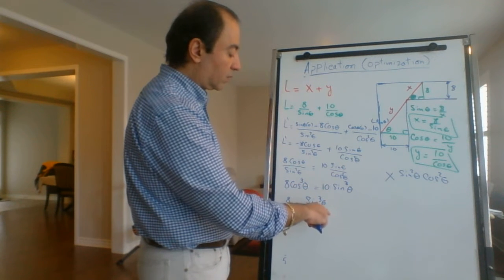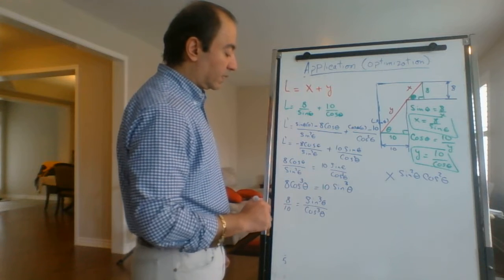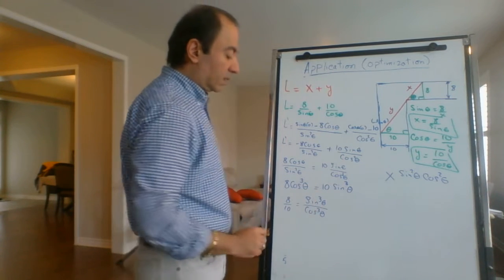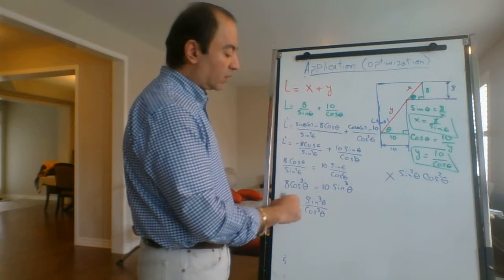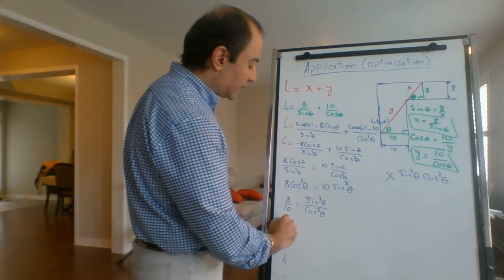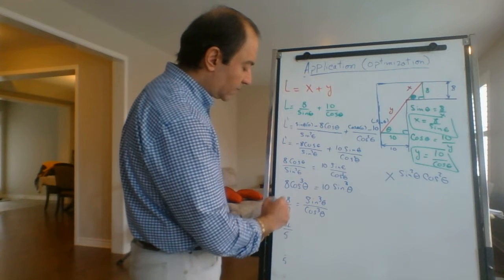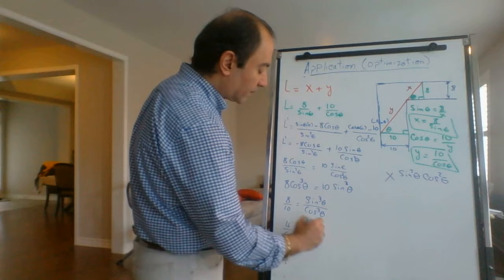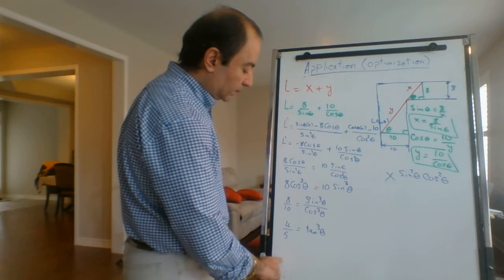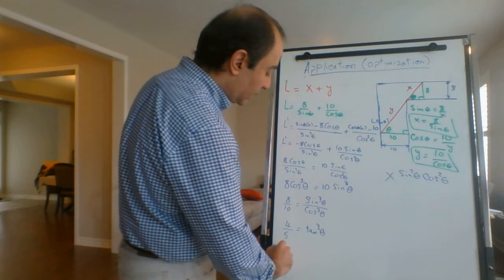So the cosine cubed gets here and the 10 gets here. This sine over cosine, so sine cubed theta over cosine cubed theta is 4 over 5. And this is tan cubed theta.